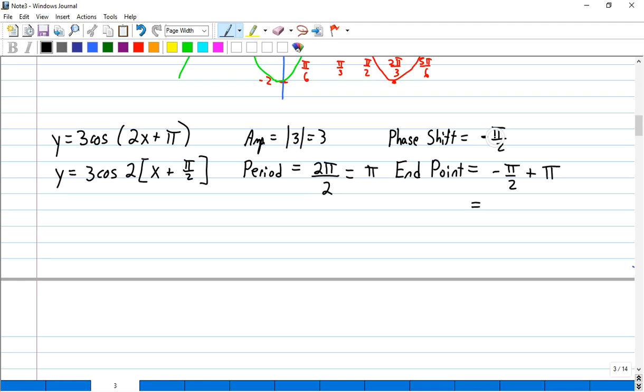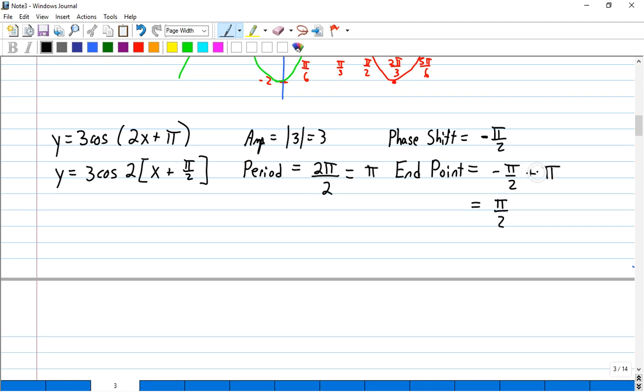The phase shift plus the period. Pi is, if you get a common denominator, 2 pi over 2. So 2 pi over 2 and negative 1 pi over 2 is just going to be a positive pi over 2. So you got to get a common denominator and put those together.